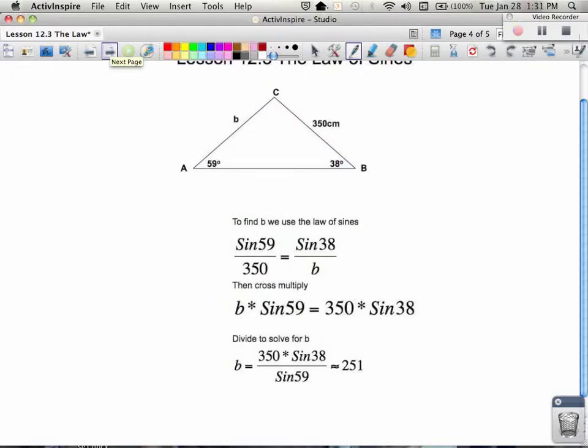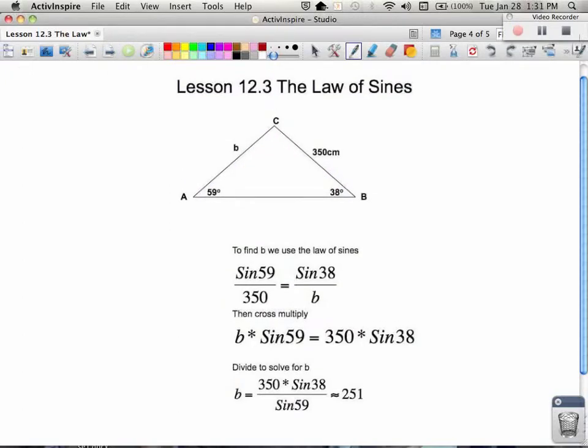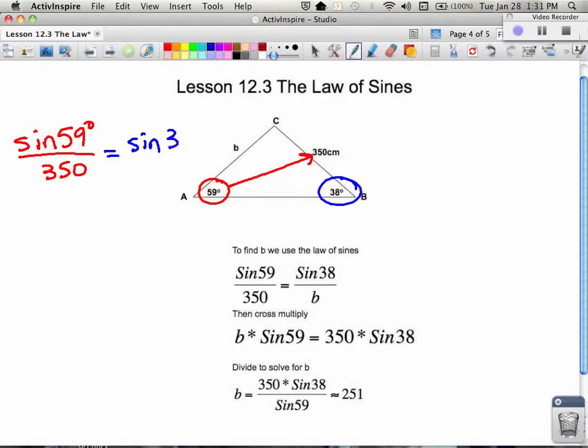So first example. In this first example, what I notice is that I'm given an angle, 59 degrees, and I notice that there's a side across from it, 350. So I can say that the sine of that 59 degree angle divided by 350 should be the same exact relationship as the sine of the 38 degree angle divided by the side that's across from it, called little b.